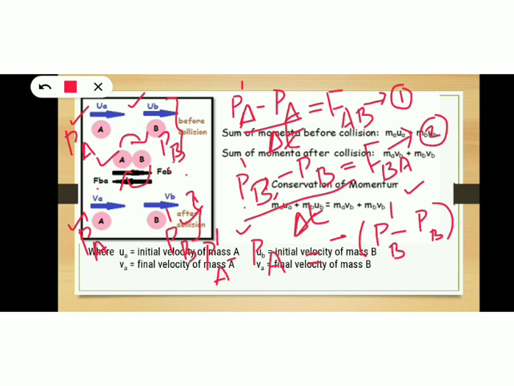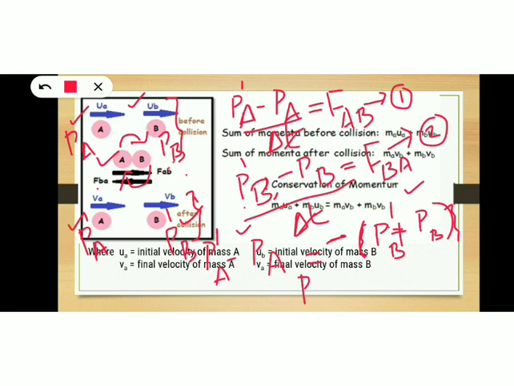Now bring all the prime terms together and non-prime terms together. When you remove the bracket, you will get minus P dash B plus PB. Bring the minus P dash B to the LHS.